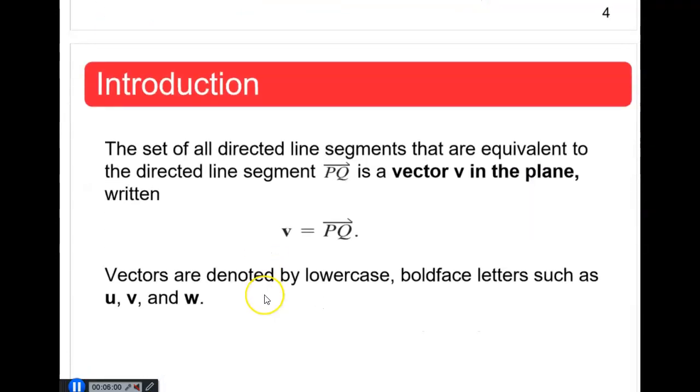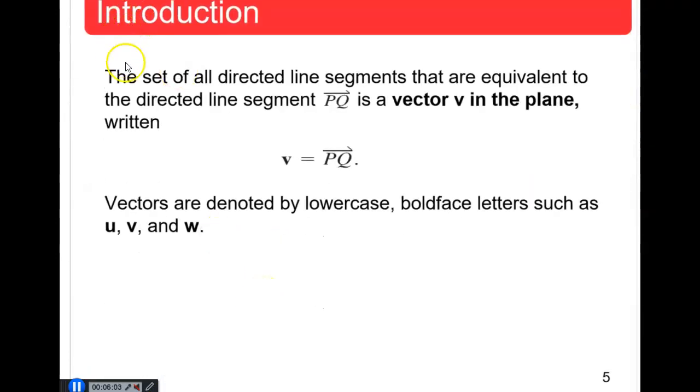Okay, so next slide. The set of all directed line segments that are equivalent to the directed line segment PQ is a vector v in the plane. For this class, we will stick to the xy plane that you're all familiar with, and we call that R2 because it's a two-dimensional plane.